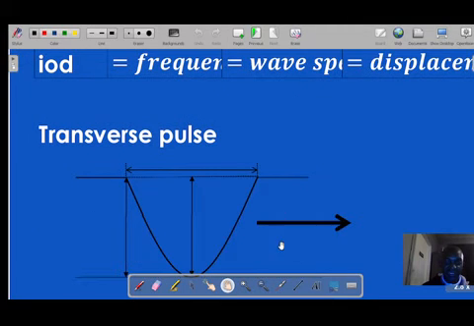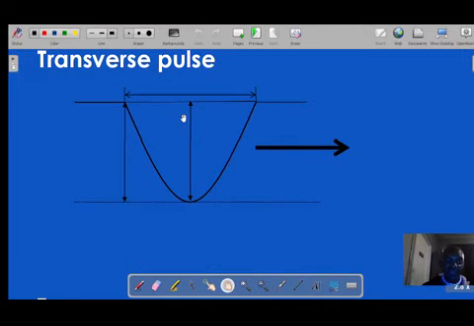Now more about the terms one more time. This is my transverse pulse. It has been displaced downwards, and as you can see, it's moving to the right. This distance from here up to here is what we call the amplitude. So this is my amplitude A. As you can see, it is the maximum distance from the rest position to the crest, or to the trough.